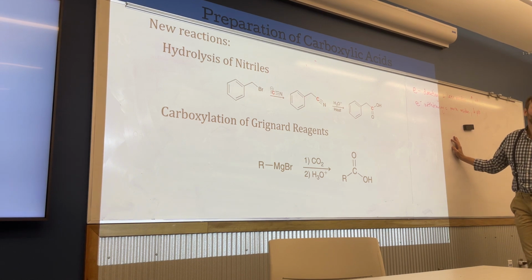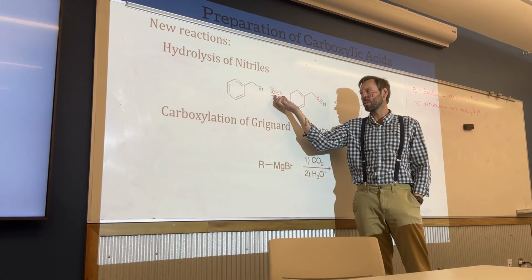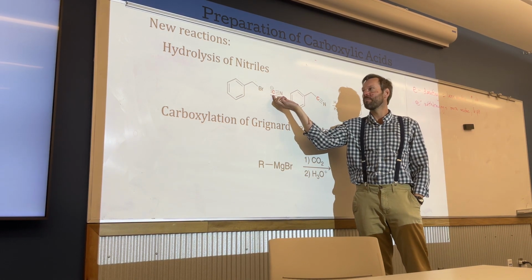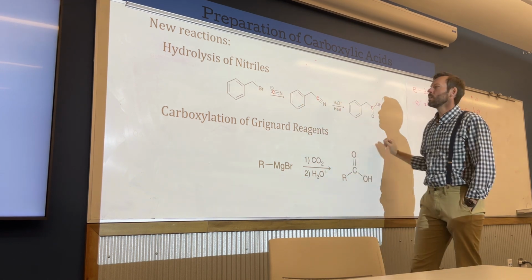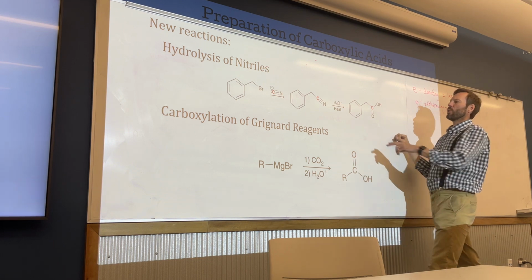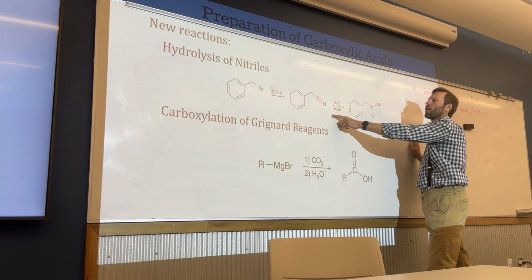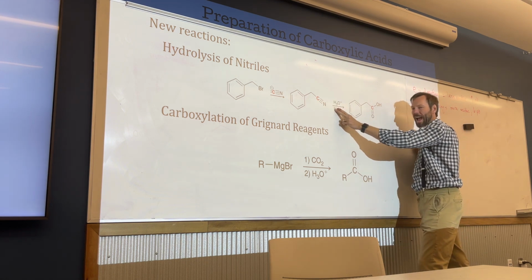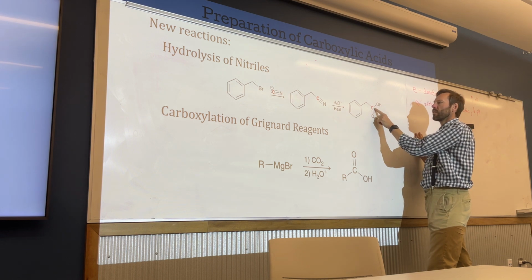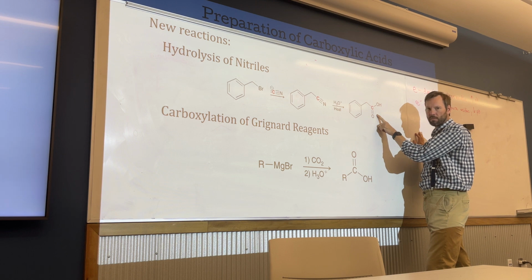We can also hydrolyze nitriles. So if you remember what a nitrile is, that's essentially cyanide, right? C nitrogen triple bond. We can hydrolyze that. We do a substitution essentially, right? We pull off the bromine, put on our nitrile, and then in the presence of an acid and some heat, we can then convert that into the carboxylic acid.